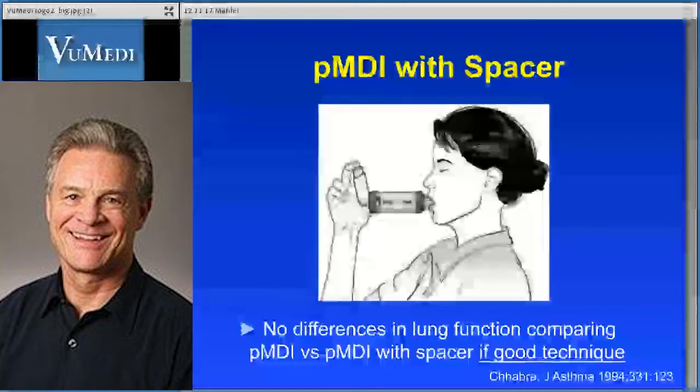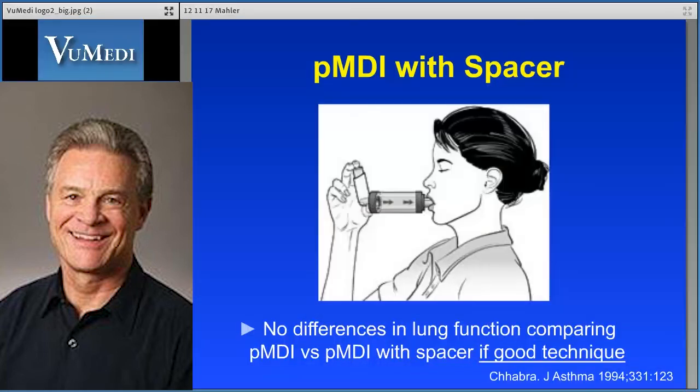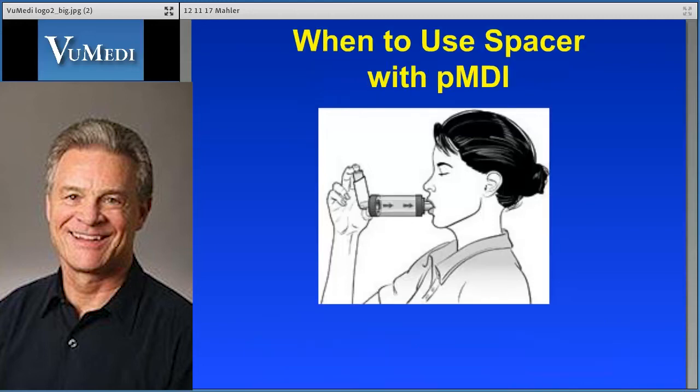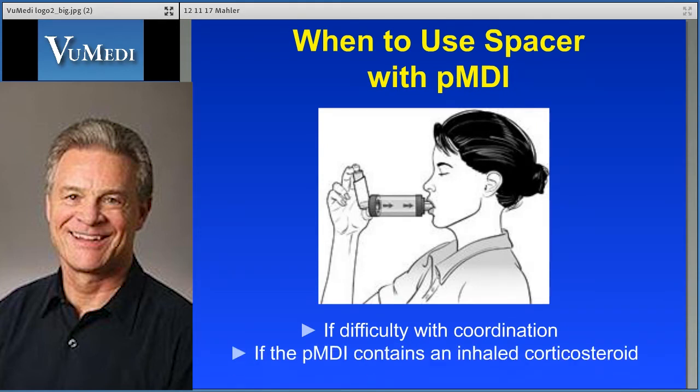There are no differences in lung function comparing a metered-dose inhaler with or without a spacer if good technique is used. The spacer should be used with a metered-dose inhaler if the individual has difficulty with coordination and if the metered-dose inhaler contains an inhaled corticosteroid.